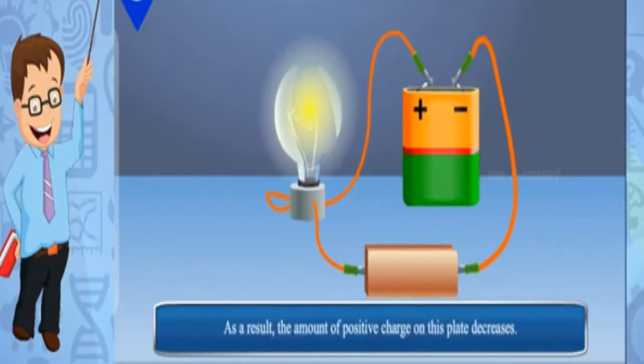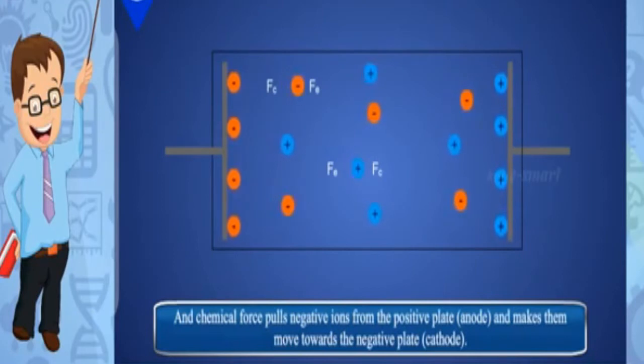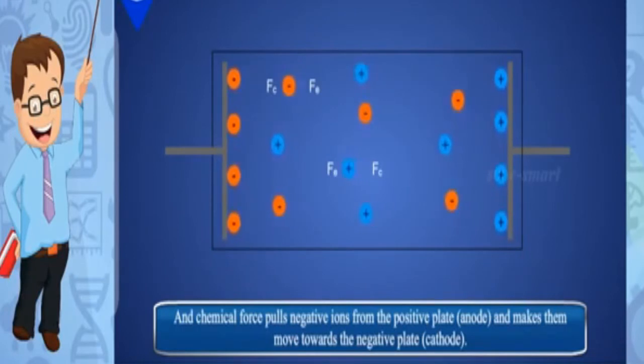As a result, the amount of positive charge on this plate decreases. So the electric force, denoted by Fe, becomes weaker than the chemical force, denoted by Fc, and the chemical force pulls negative ions from the positive plate, known as anode, and makes them move towards the negative plate, known as cathode.